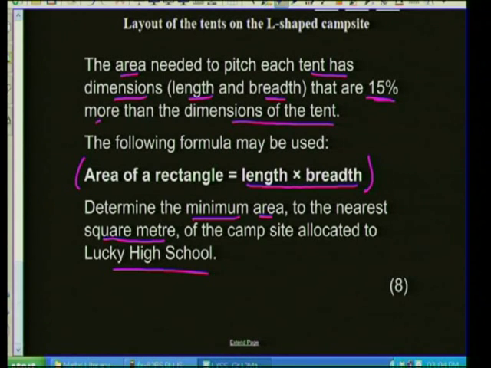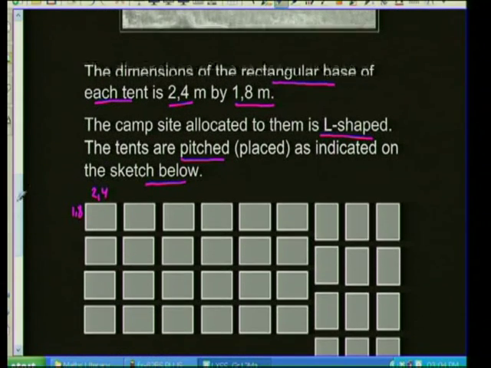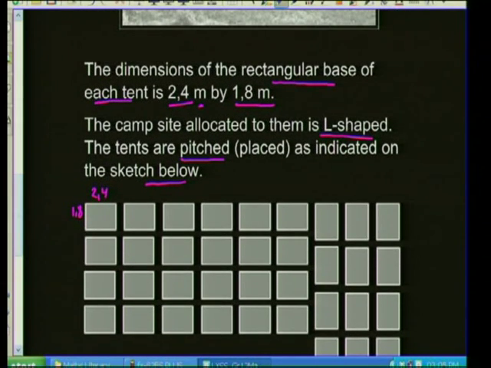Now, there's a couple of things that we need to worry about. First of all, whenever we're working out area or volume, anything perimeter, always look at what they want your answer in and convert first. So they want our answer in square meters, so we are making a note here that it needs to be in meters squared. My dimensions that I had earlier were in meters, so I don't have a problem.